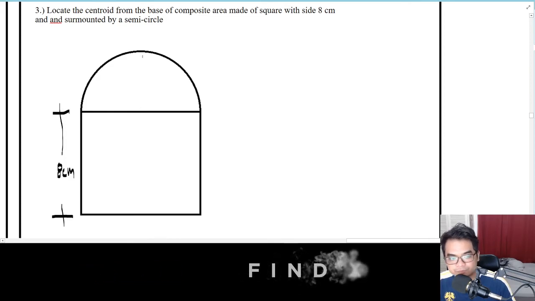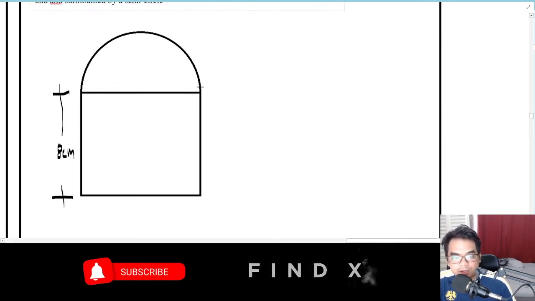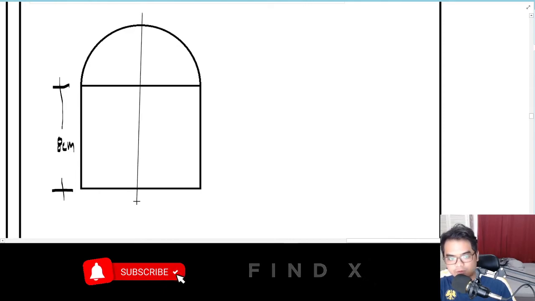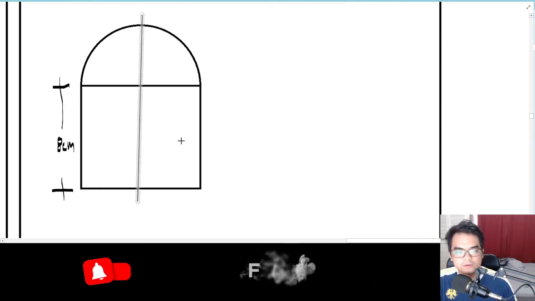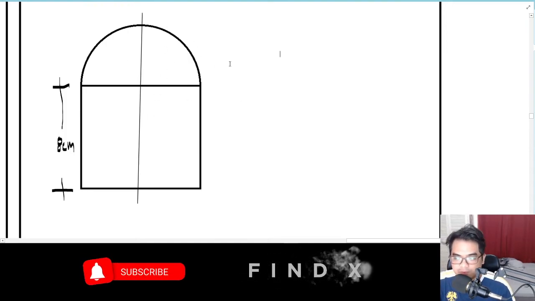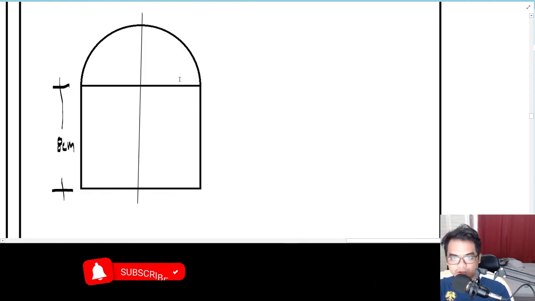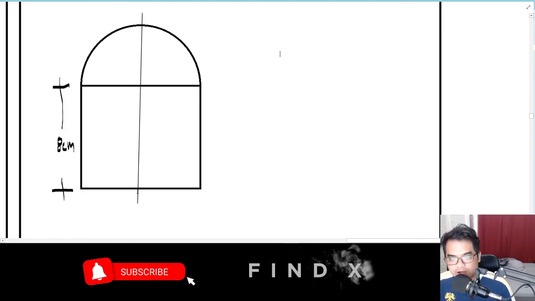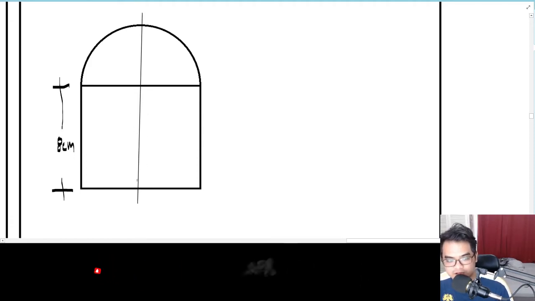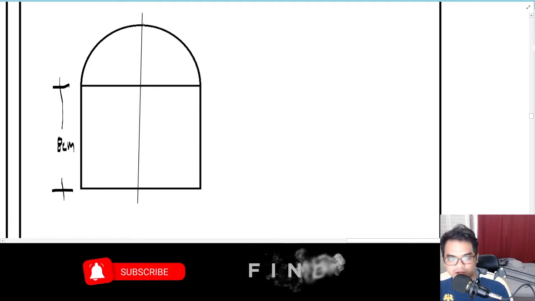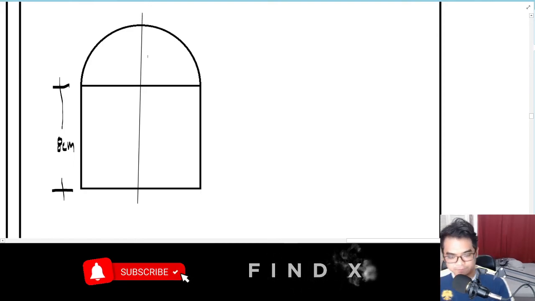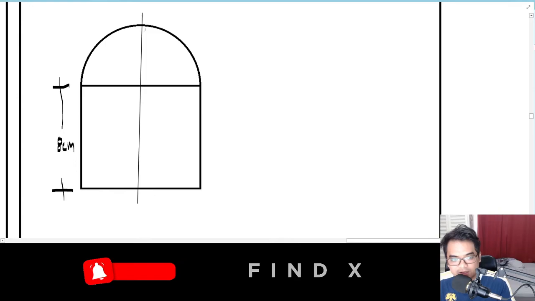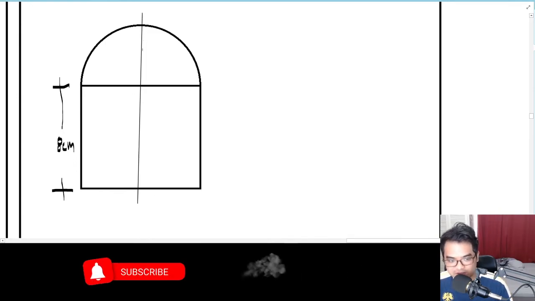So you can see if I put a line here, again, the figure is symmetric with respect to the y-axis. Therefore, we'll be only looking for the centroid along the y-axis, because it's already obvious that the centroid with respect to the x will just be along this line.